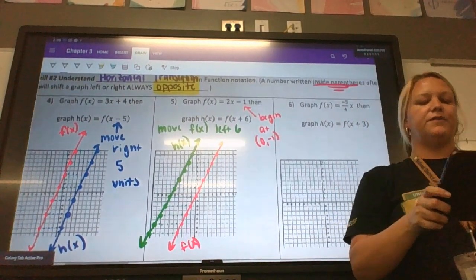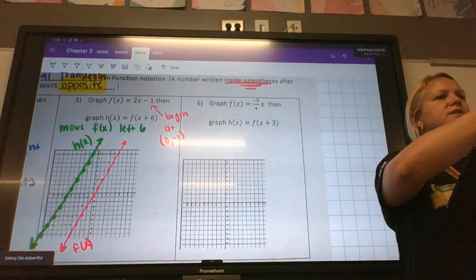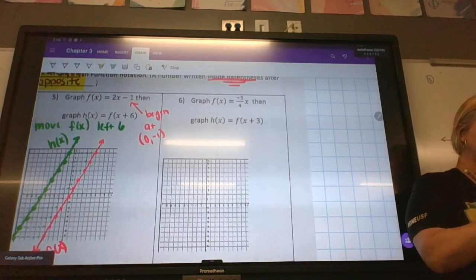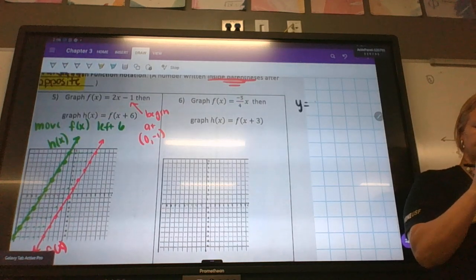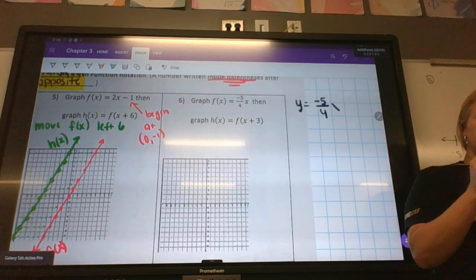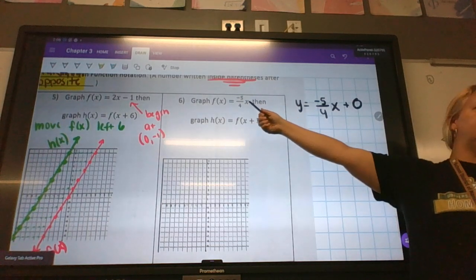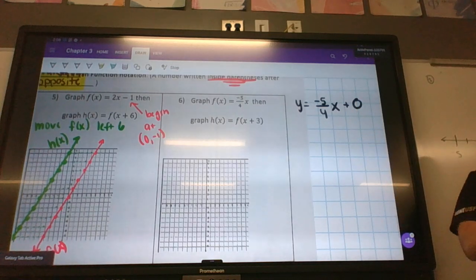All right, I'm ready for number 6. And it definitely looks a little more challenging than the other two. This has a +0 next to it. So for this one, we begin at 0.